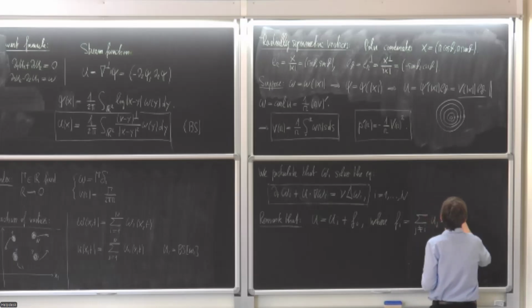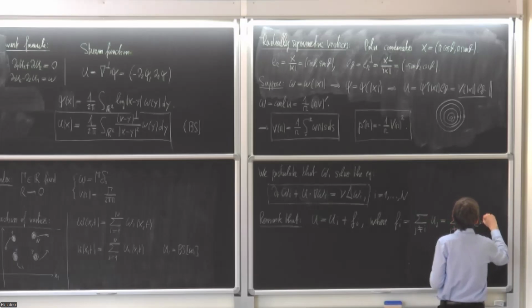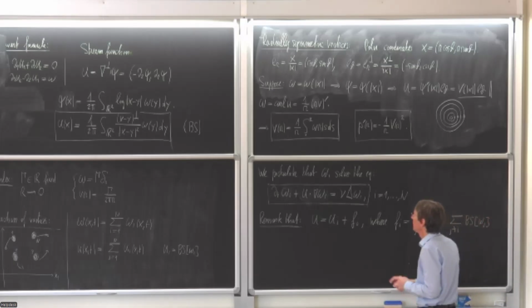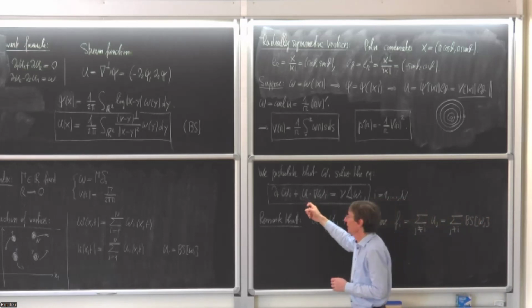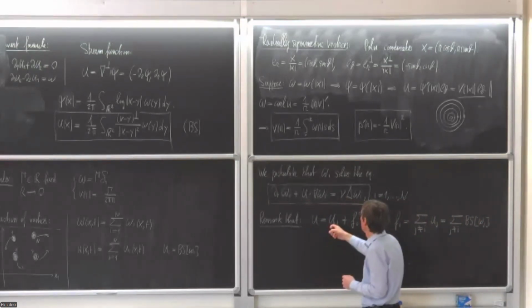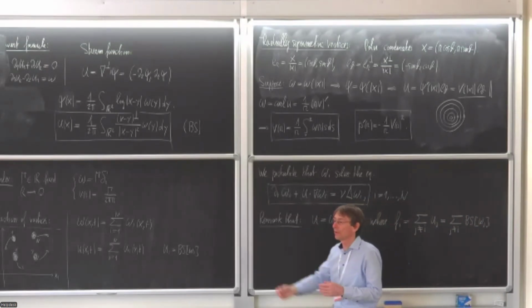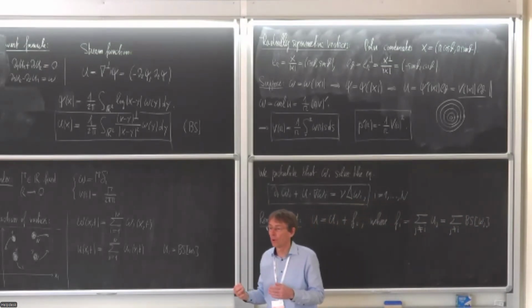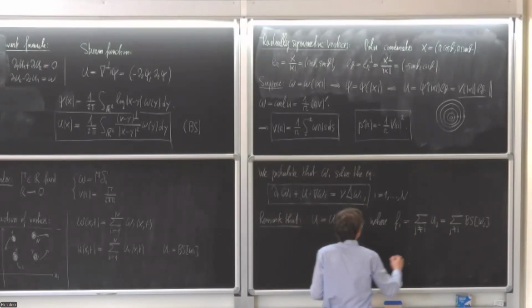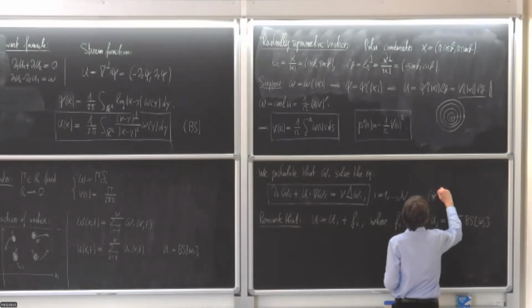This is also the sum over j different from i of the Biot-Savart law applied to omega j. So artificially, I can write this as Ui, which is produced by the omega i, and Fi, which is the result of the velocity field produced by all the other vortices. So this is the equation star.